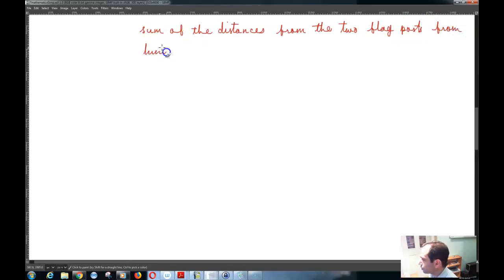And the distance between the flag posts is 8 meters.